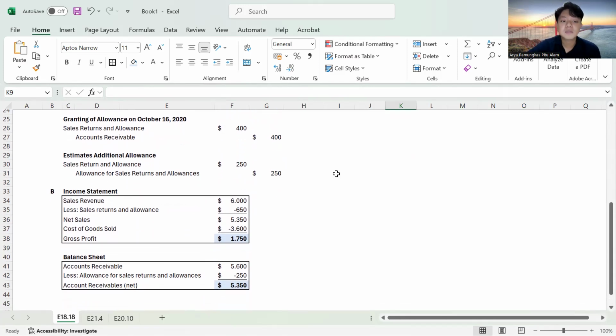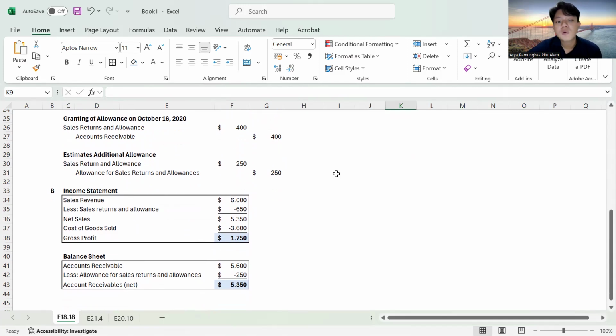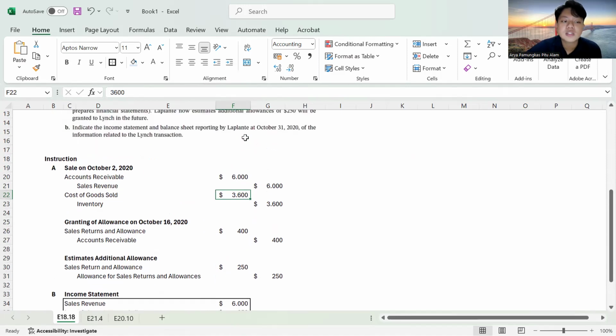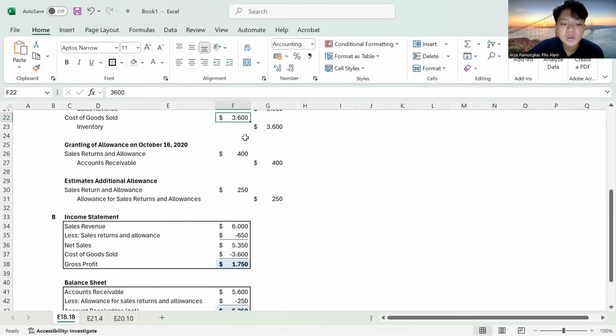So the income statement itself would be sales revenue of $6,000, less sales returns and allowances. We get this from the October 16 and October 31 transactions, and it's going to be $650. Then we get net sales of $5,350, and we subtract the cost of goods sold, as mentioned before in the sale on October 2, 2020, which is $3,600.